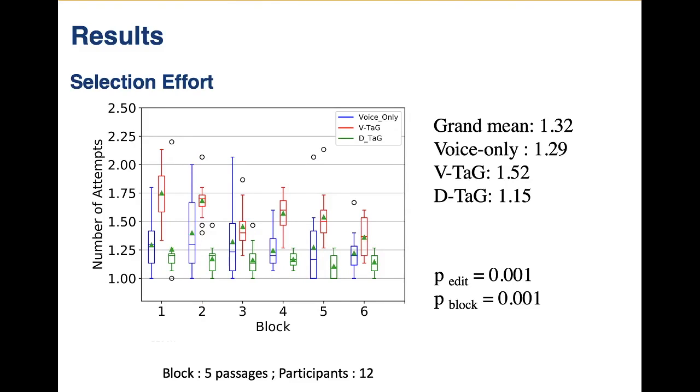The first block being the training block for the entire process of evaluation by the participants. It is to be noted that for both block completion time and selection efforts, we did not take into account the first block because of it being training in nature.